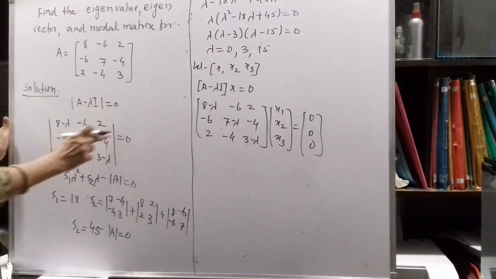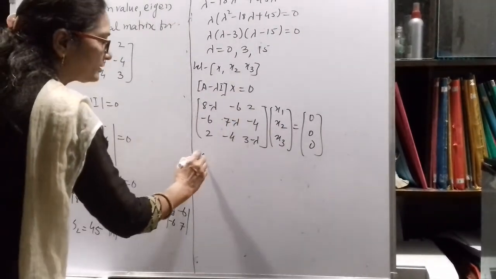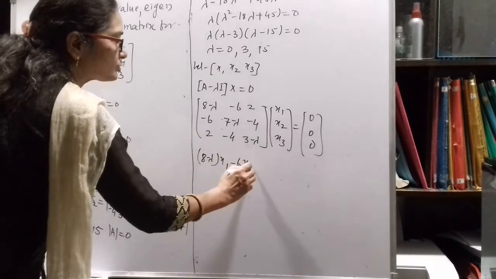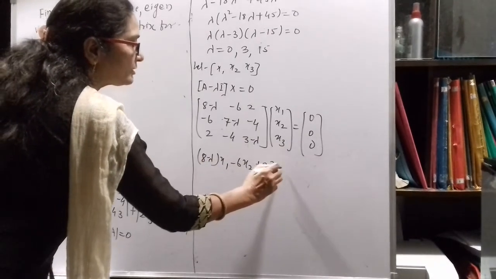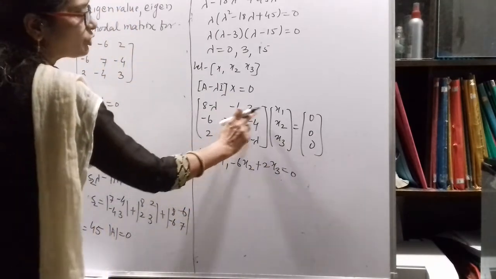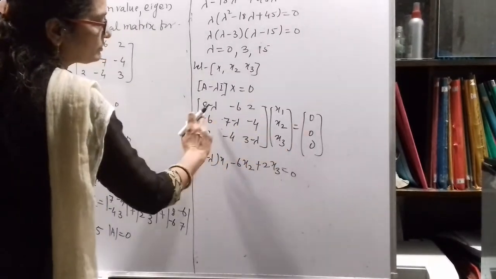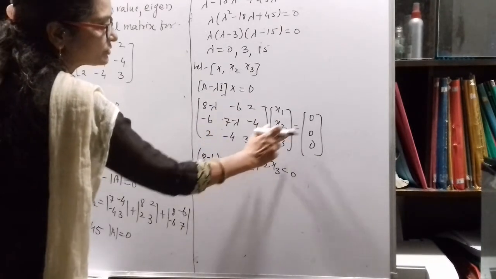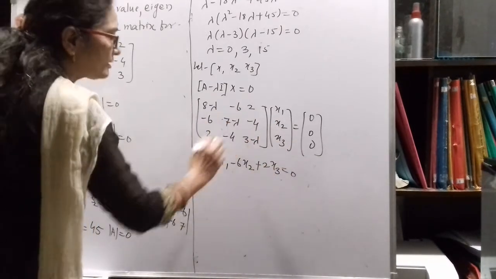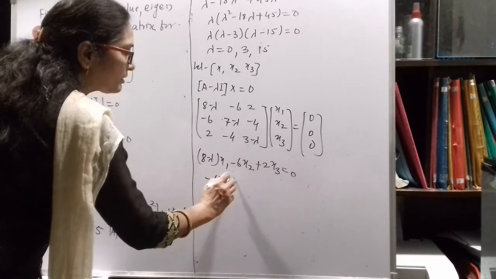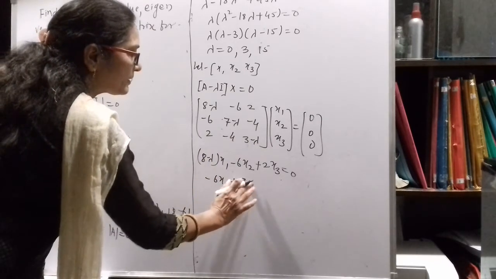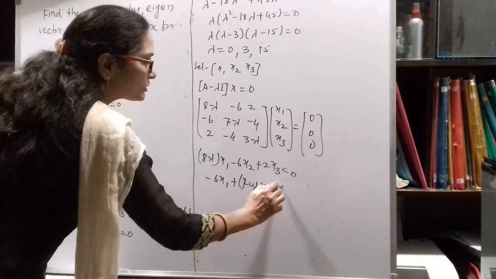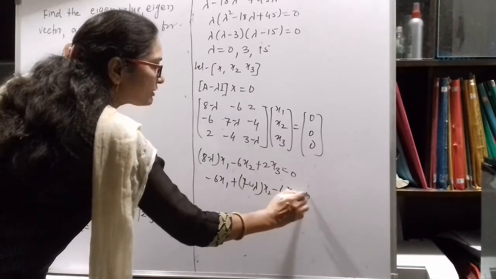We have to expand it. The first row multiplied by x gives 8 minus lambda into x1 minus 6x2 plus 2x3 is equal to 0. Similarly, minus 6x1 plus 7 minus lambda into x2 minus 4x3 is equal to 0.